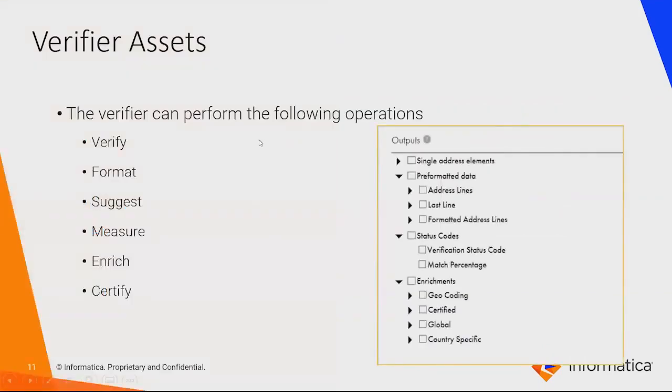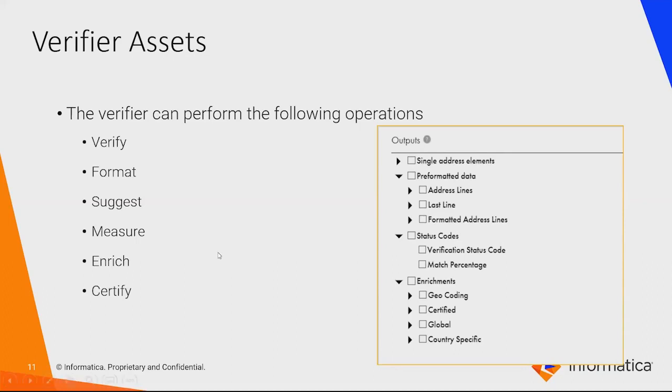Verifier assets can perform the following operations. It will verify the address. It can give you different formattings, in the standard format that you want. It can also suggest additional information around the address.